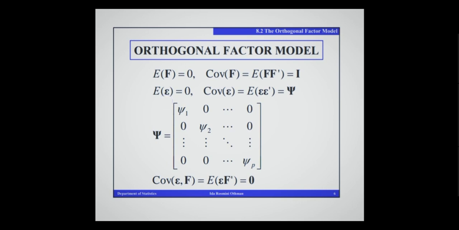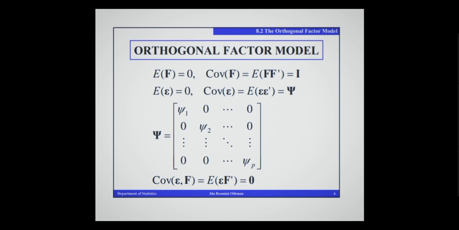And the covariance of error will be, the notationnya adalah psi. Psi ni adalah diagonal matrix of variance of error. Maksudnya, dia punya all the diagonal here adalah value of error variance.